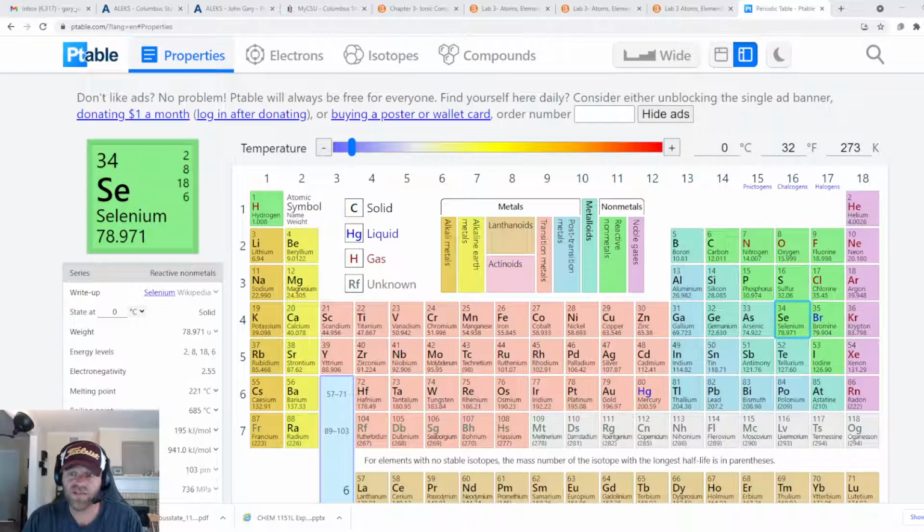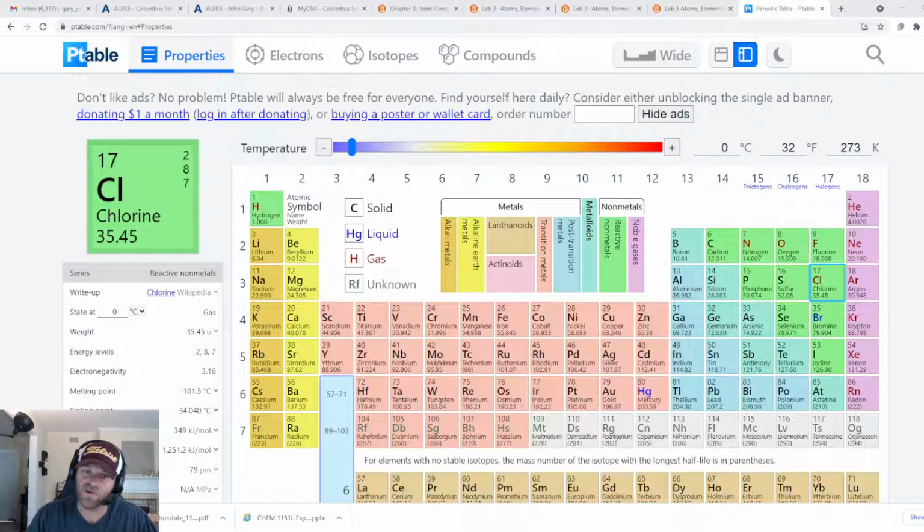Oxygen, sulfur, selenium are always going to have a 2 minus charge. Nitrogen, phosphorus, arsenic will always have a 3 minus charge. So what does that mean? That means if I see any metal paired with one of these that I know for a fact, then I can calculate the charge of that metal.